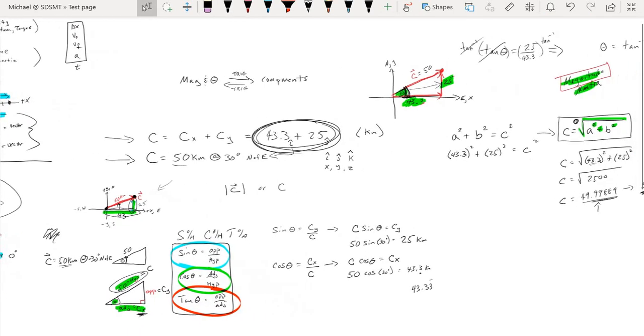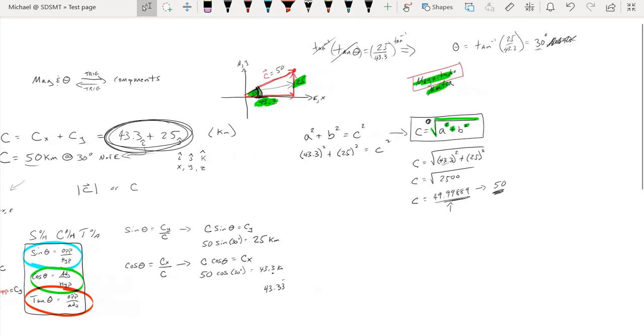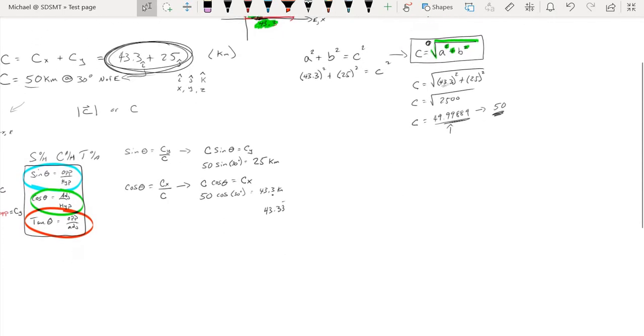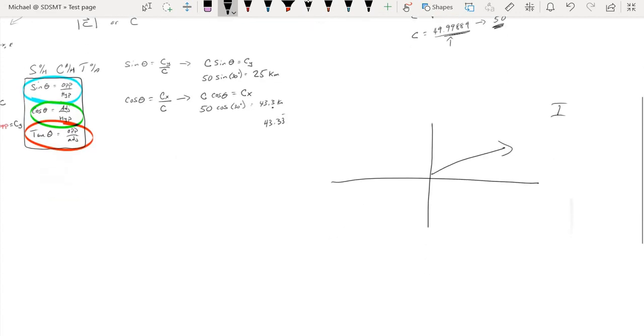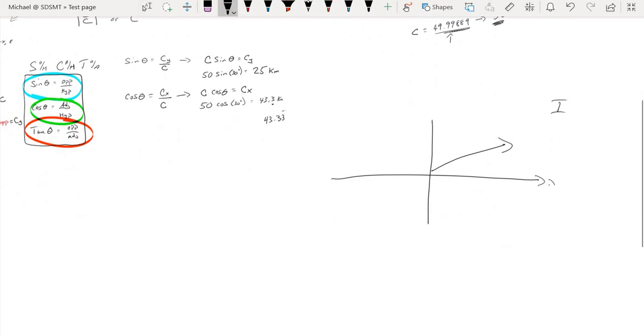But for right now, we want to get in the practice of taking vectors, breaking them down into their components, putting them back together. And what we've shown today is a vector that exists in the first quadrant of our xy plane.